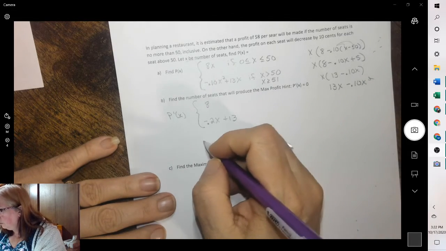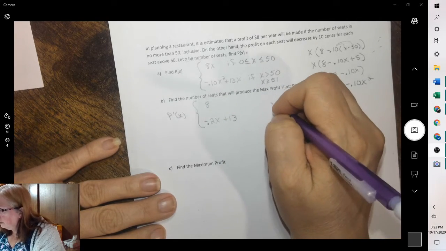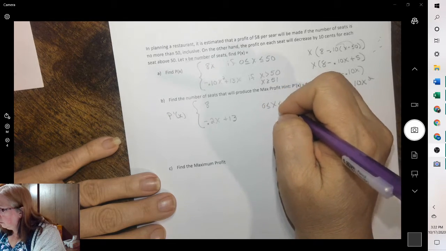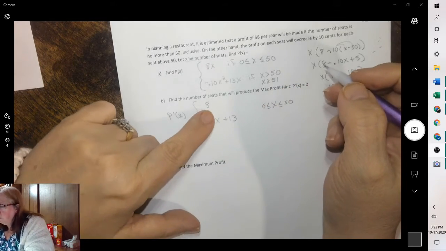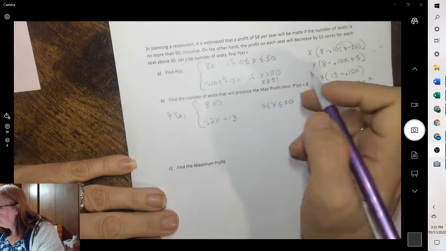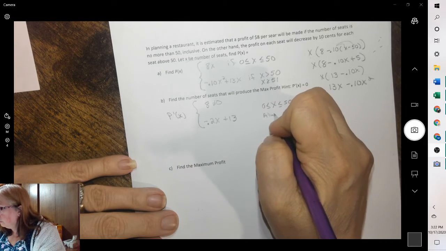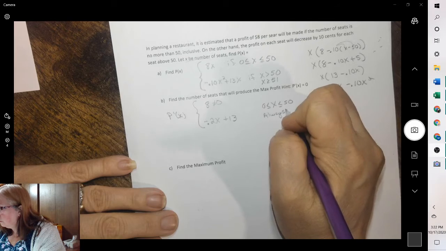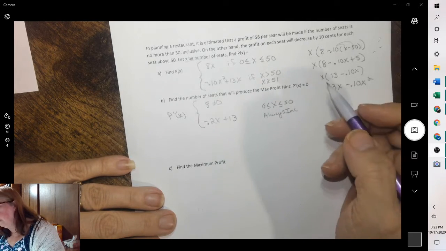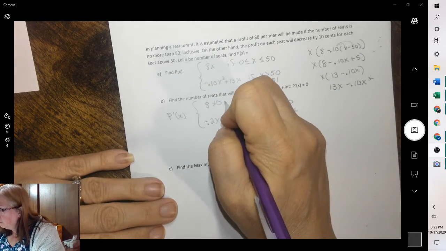The first thing we do, I would look at each one separately. If we look at x between 0 and 50, when we took the derivative, we got 8. Well, this is not going to equal 0. Because it's positive, it's always increasing. Therefore, 50 should give us a higher value than 0, but you could check your two endpoints. There's no critical value, though.